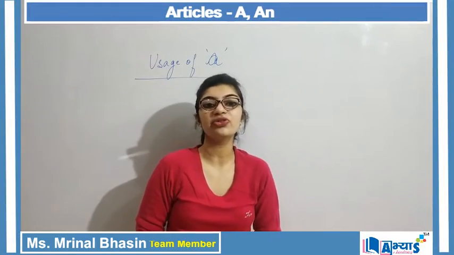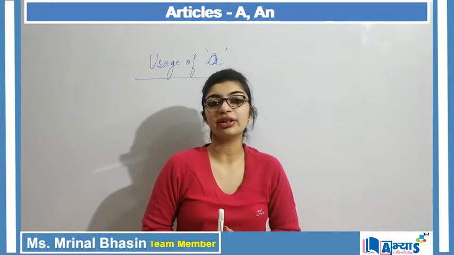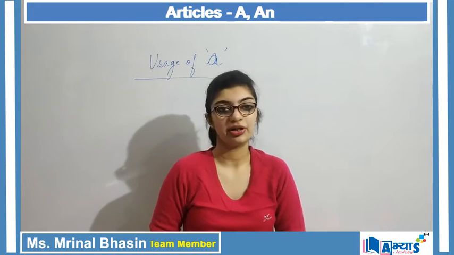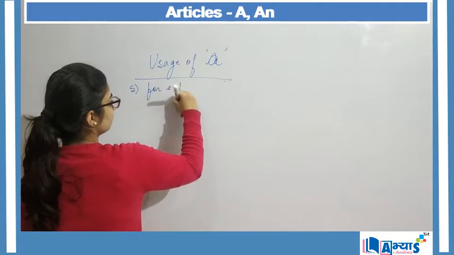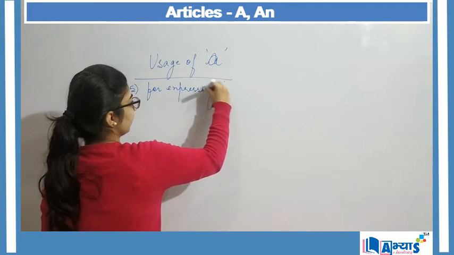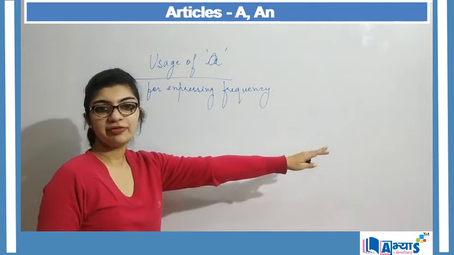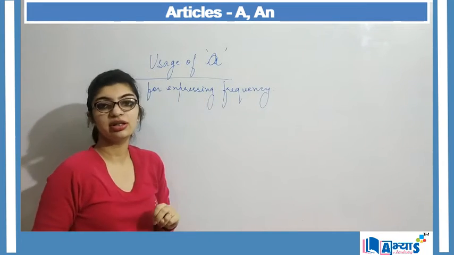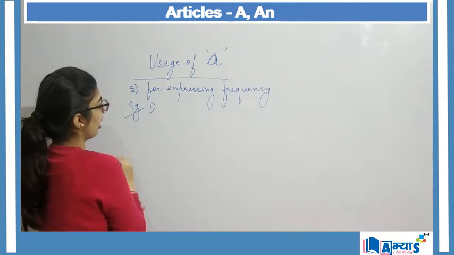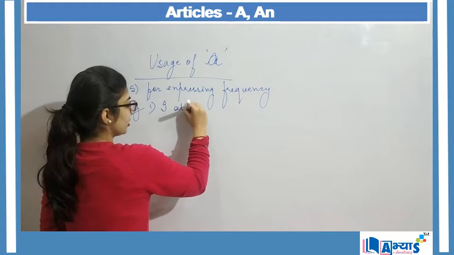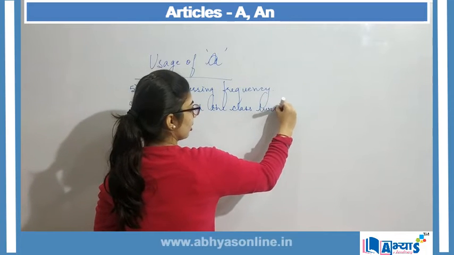Now another way in which we can make use of the article a is while measuring or representing a frequency, right? So for expressing frequency, we can again make use of the article a. For example, I attend the class twice a week.